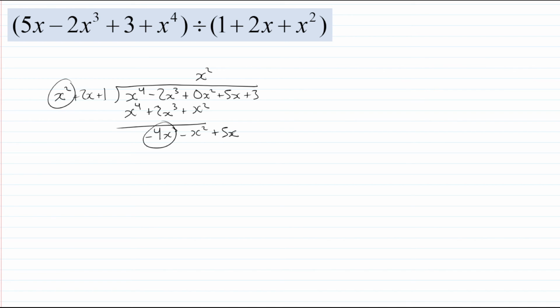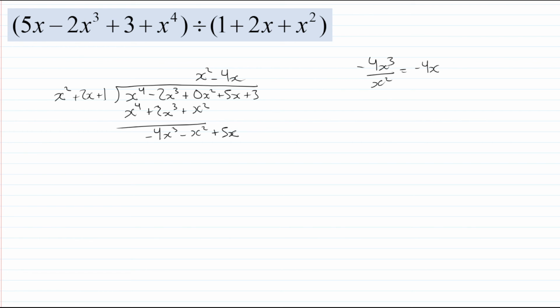Negative 4x cubed divided by x squared. What is that? Well, negative 4x cubed divided by x squared is negative 4x. And again, if you want to write that out over here, we have the same base here, so we can subtract exponents, which would give us 3 minus 2 on that x, which is 1. So negative 4x to the 1.